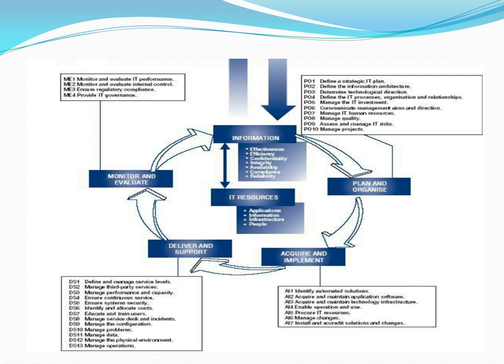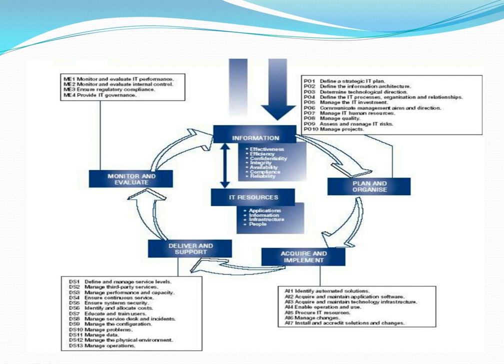So you look at PO1, PO2, and all of these things are in the COBIT framework. You now look at acquire and implement. If you want to carry out acquire and implementation, you consult COBIT on these, AI1 and so on and so forth. Then also delivery and support. These are the ones that will help you to deliver best practices. So you follow through to monitor and evaluate.